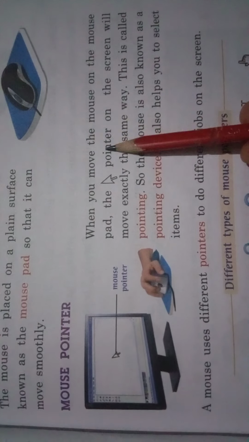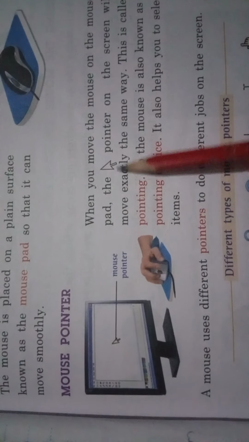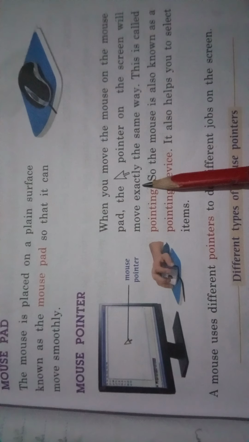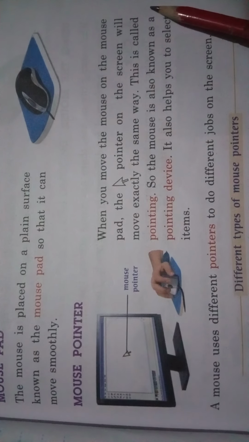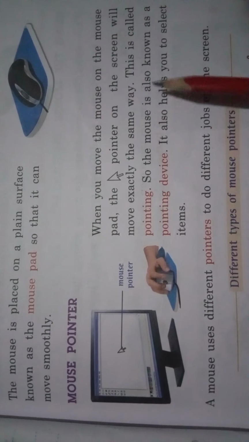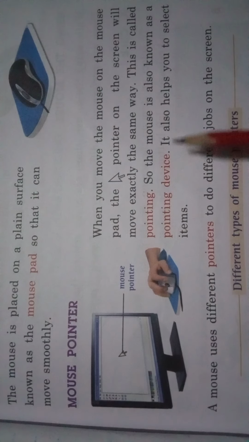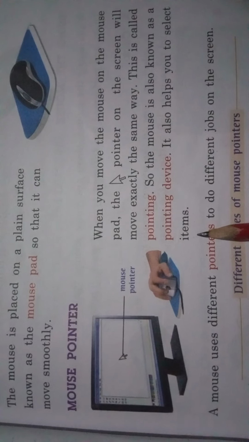Next is the mouse pointer. When you move the mouse on the mouse pad, the pointer on the screen will move exactly the same way. This is called pointing. So the mouse is also known as a pointing device. It also helps you to select items.